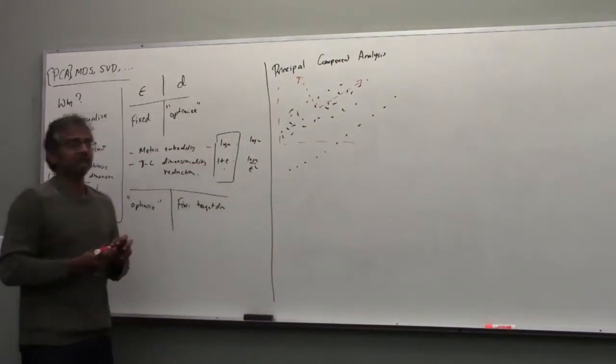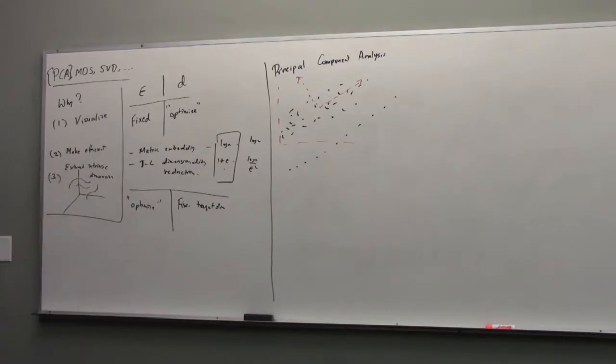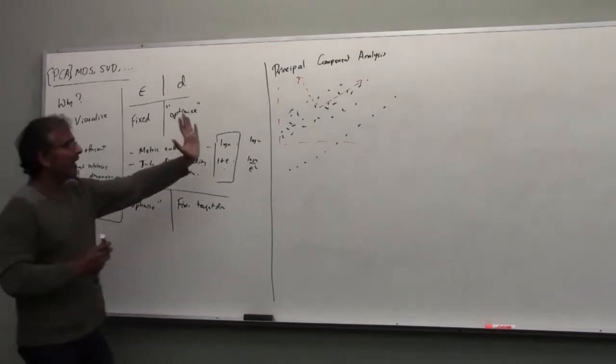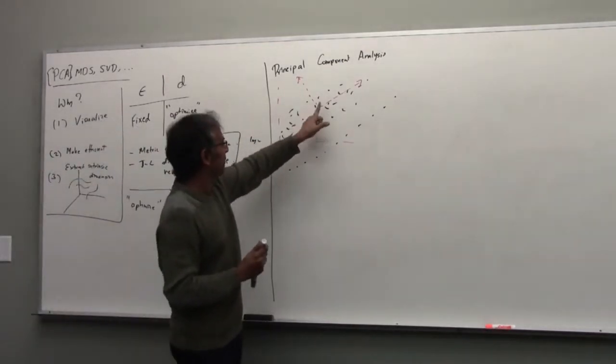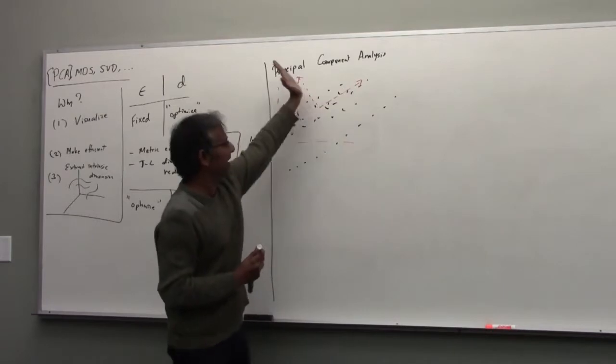Okay, fine, I did a rotation, I did some scaling. Whoop-de-doo. Why do I care? Why do you think this would be a good thing to do? In other words, why do you think it would now be good to record the coordinates of the points along this direction and that direction?